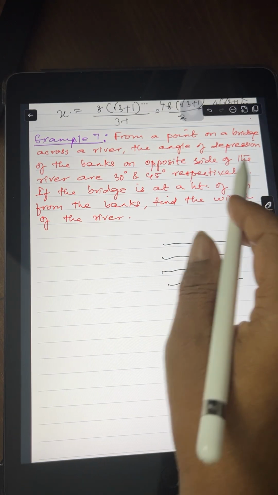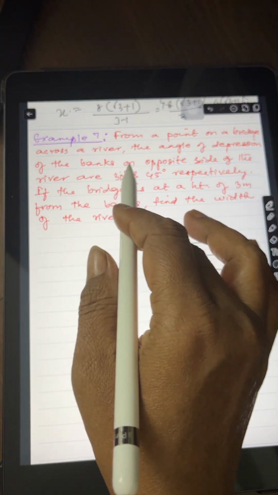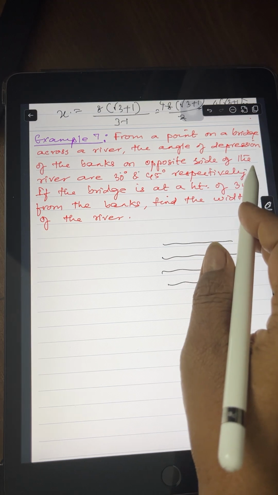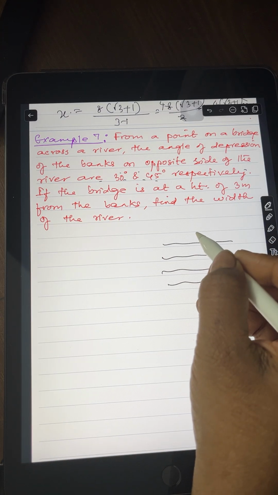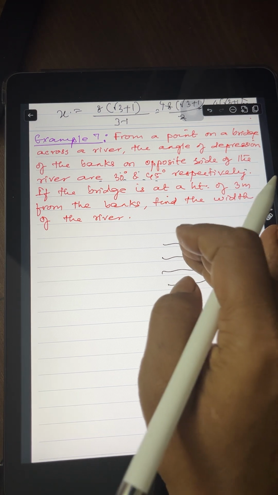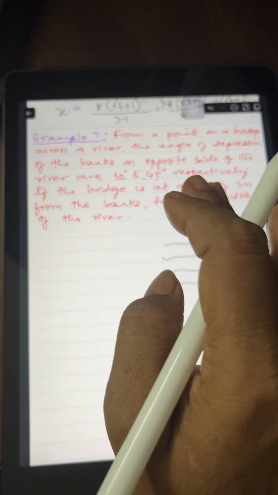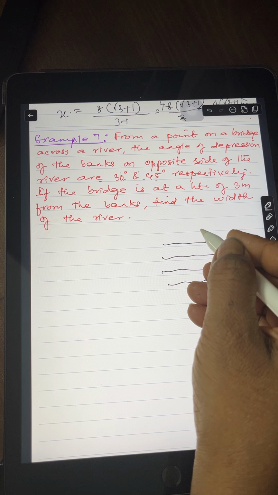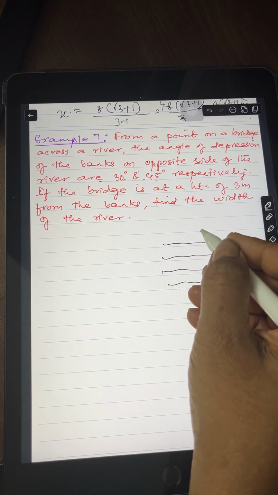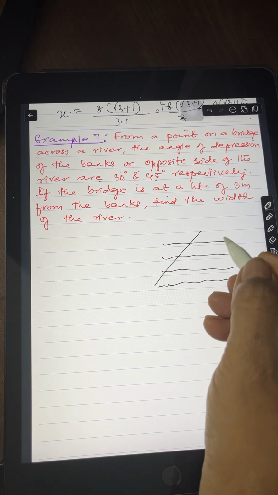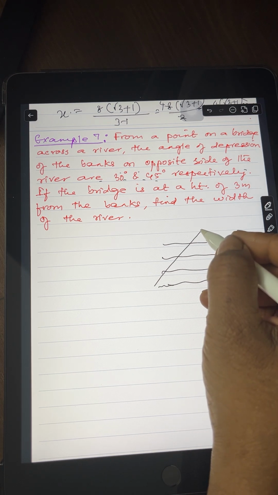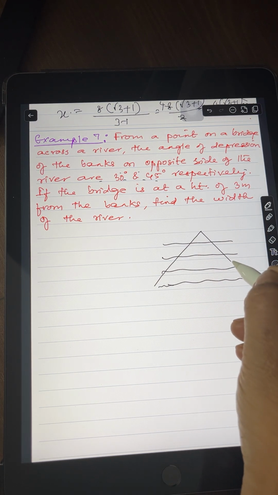The angle of depression of the banks on opposite sides of the river are 30 and 45. Suppose a bridge is here. It means that the bridge is on the top, somewhere here. The angle of depression on the banks of the river is one is 30 and one is 45.